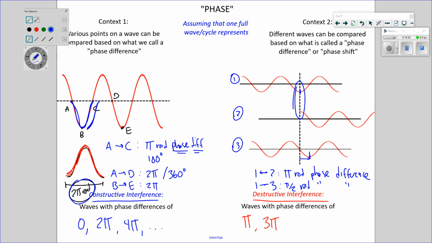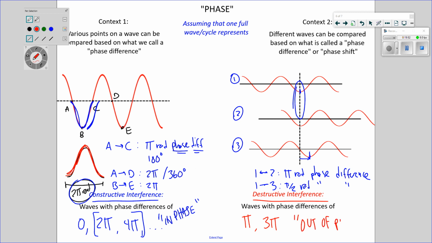Those are out of phase at 3 pi radians out of phase. But we would say these are back in phase because trough lines up with trough. So a phase difference of 2 pi radians, these are actually called in phase. These are all called out of phase.